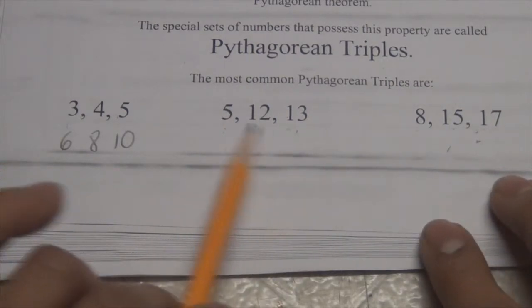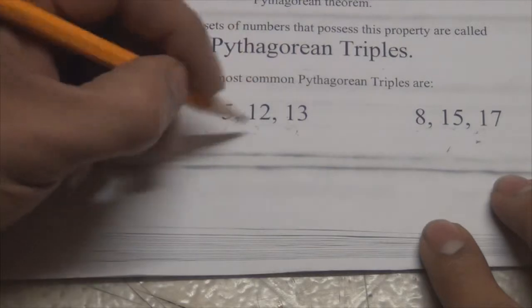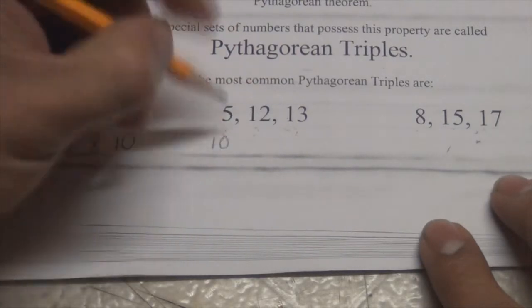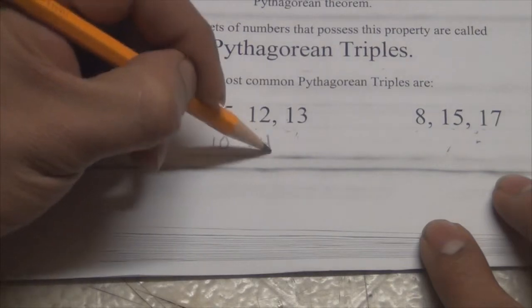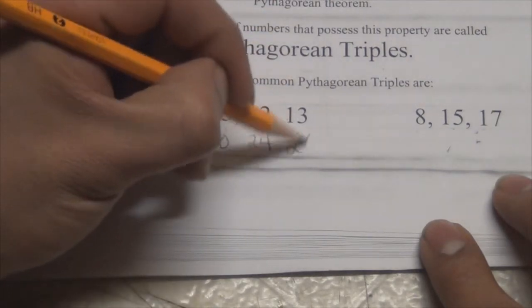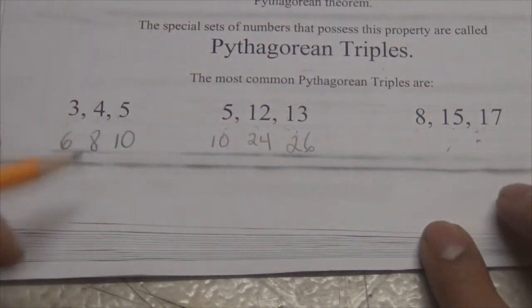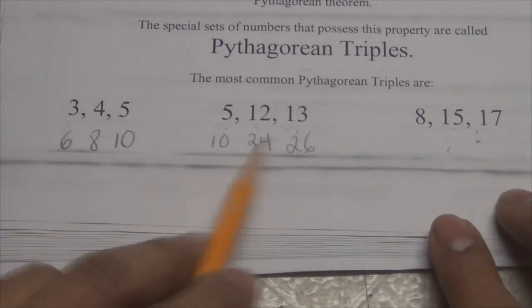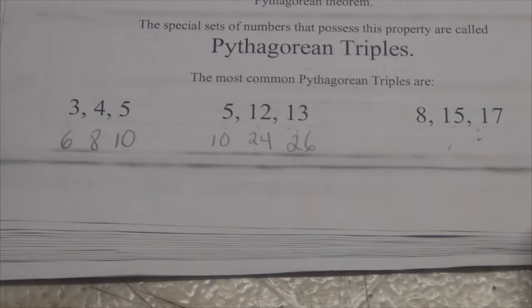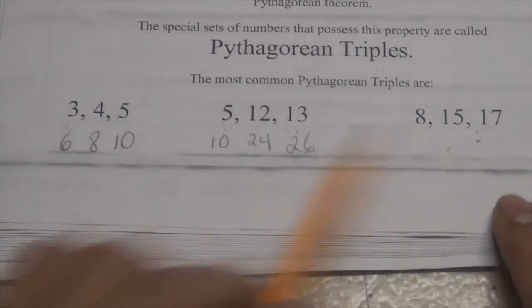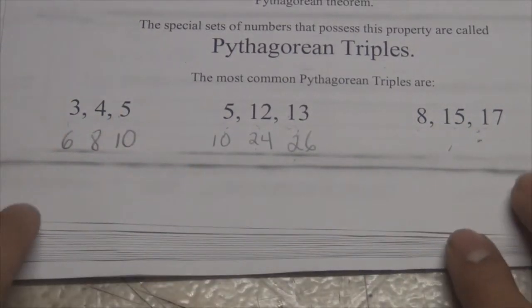Now here, can I create another Pythagorean triplet? Sure. 10, this one would be 24, and this one would be 26. So 10 squared plus 24 squared should equal 26 squared, and so on and so forth. You could create as many Pythagorean triplets as you want to.